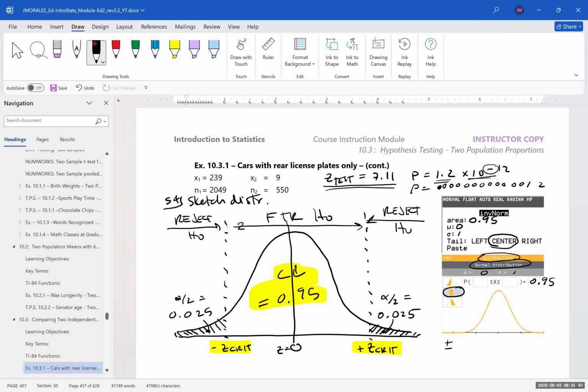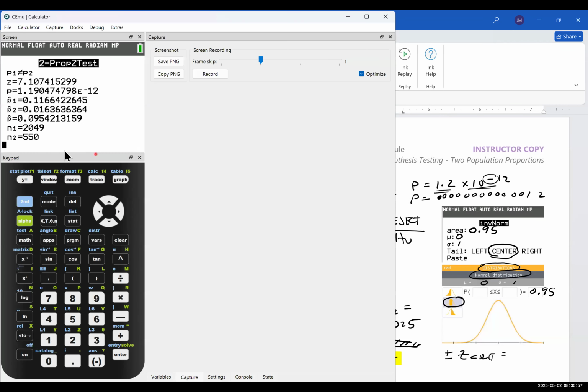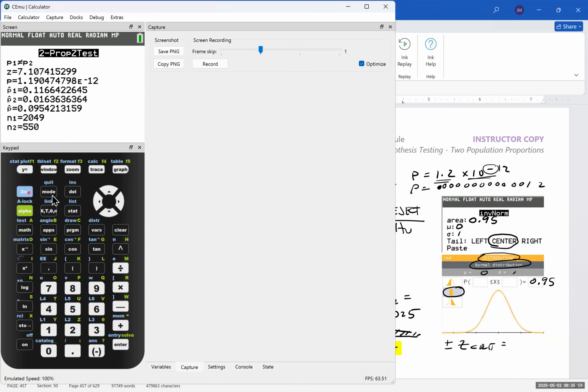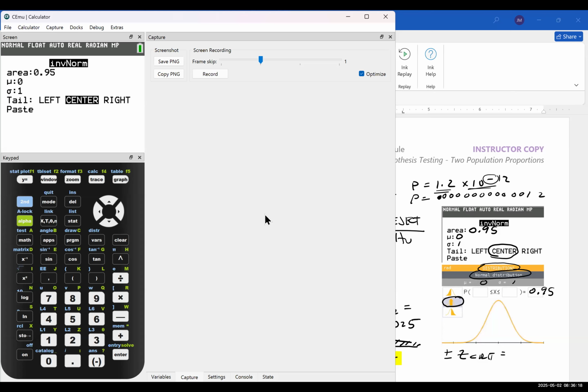And that's going to give us a positive and negative z critical value. So let's go ahead and do that. So we need to go to the distribution functions, go to inverse norm, an area of 0.95, 0 and 1, area in the center.